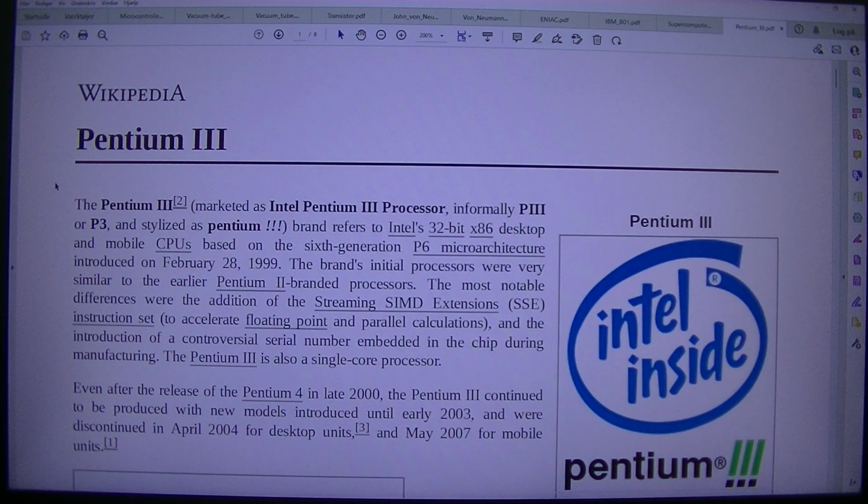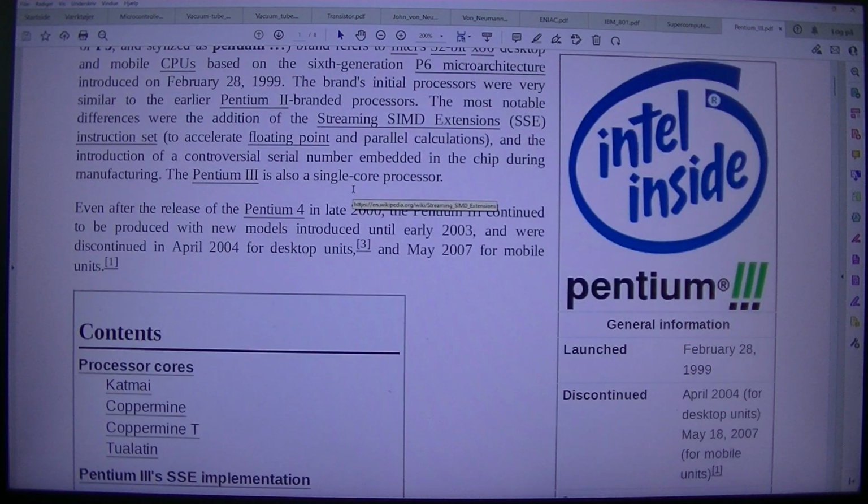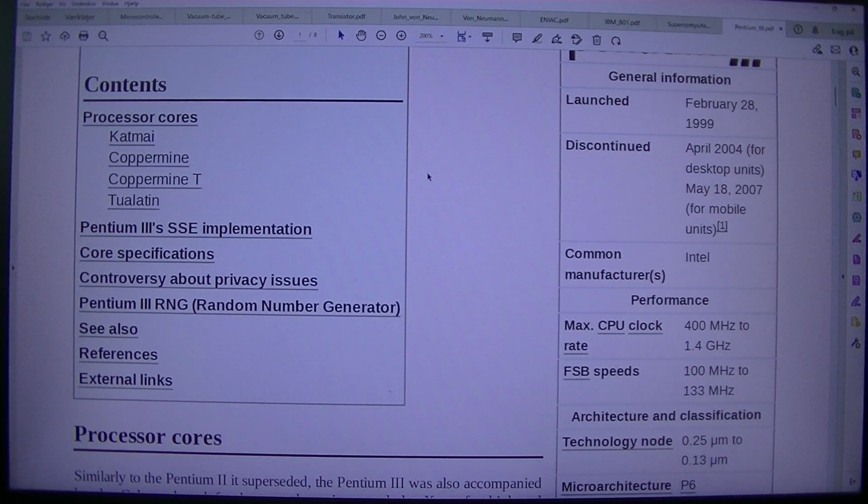Pentium 3. Pentium III, Intel Pentium 3 processor logo. General information: launched February 28, 1999, discontinued April 2004 for desktop units and May 18, 2007 for mobile units. Common manufacturer: Intel.